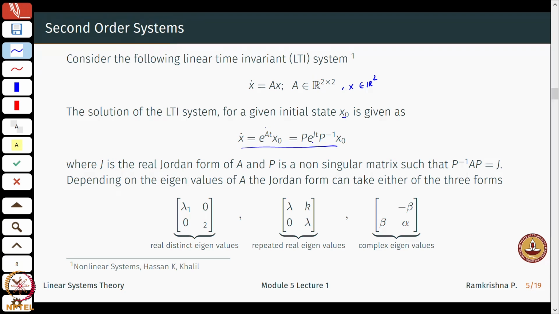We can also do it via its Jordan form, e power At equals P e power Jt P inverse, where J is the real Jordan form of A, P is a non-singular matrix which takes it from a given form to its appropriate Jordan form, and we also know how to derive this matrix P.